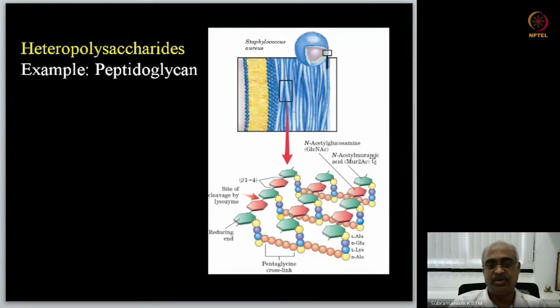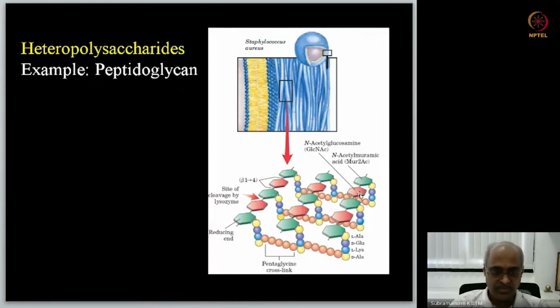N-acetyl muramic acid, yesterday we saw, is a modified monosaccharide. It has a lactic acid group attached to carbon 3, while carbon 2 has the amino group that is acetylated, and then you have N-acetyl glucosamine.